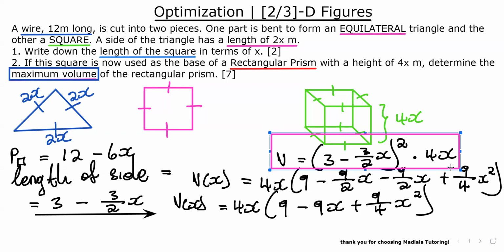And let's begin by substituting x equals 2 over 3 and see how much we get. So we say 3 minus 3 over 2, open bracket, 2 over 3, and then we square the whole thing, multiplied by 4 into 2 over 3. So we get 32 over 3. Okay, fine, which is fine.